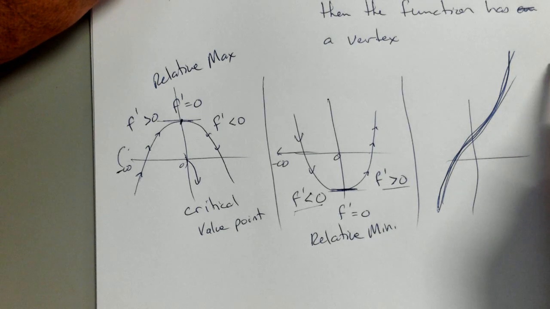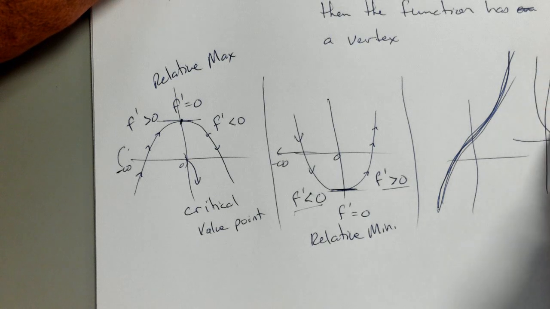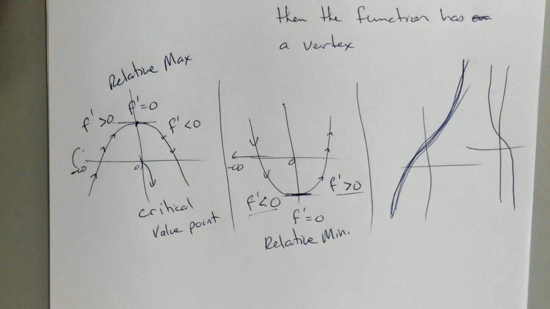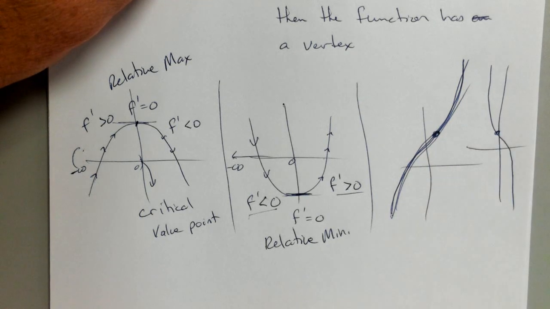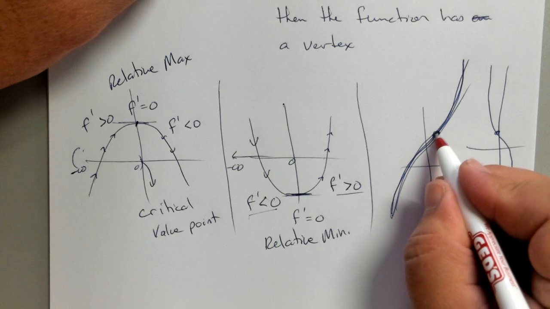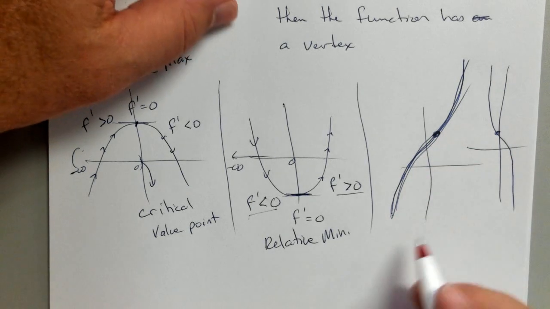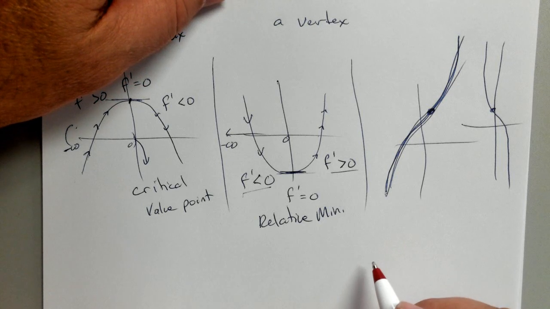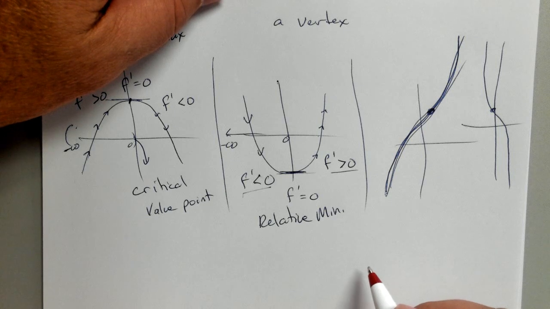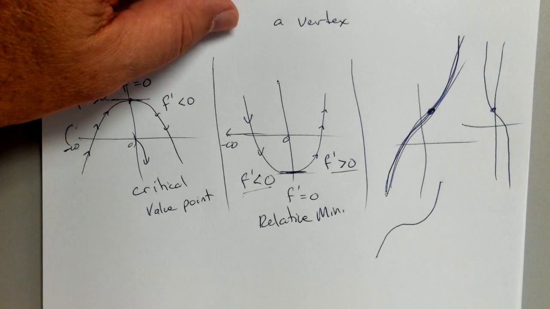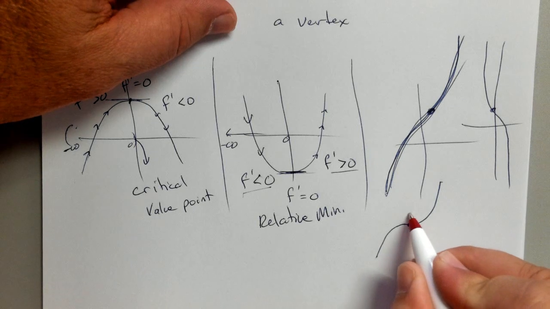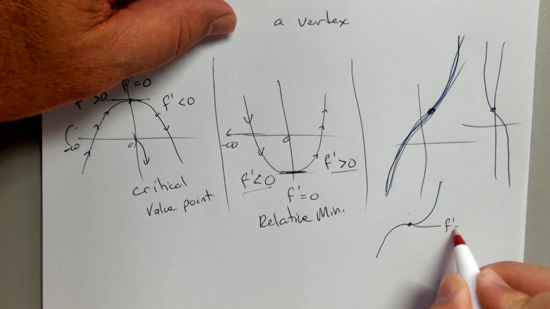Now the next two examples are pretty much dealing with the same thing. If we have a specific point, is it possible to have the first derivative being 0 and it being positive on both sides? The first derivative at that point is 0.